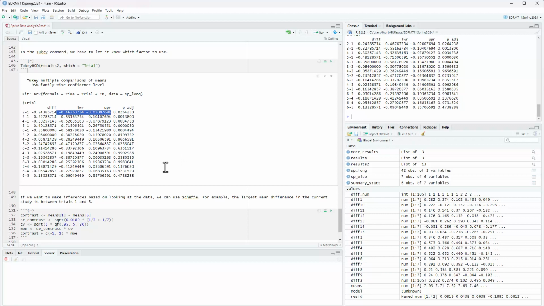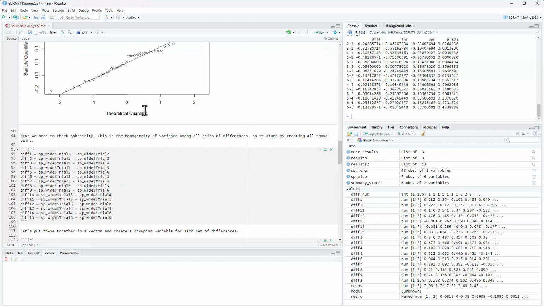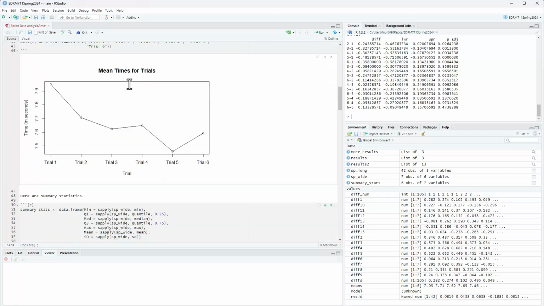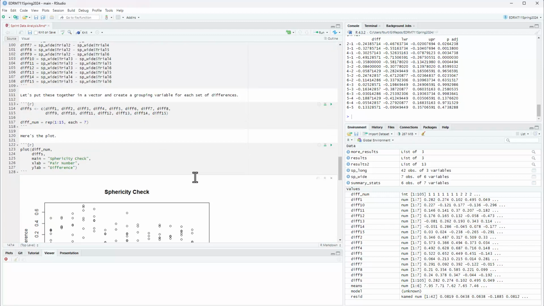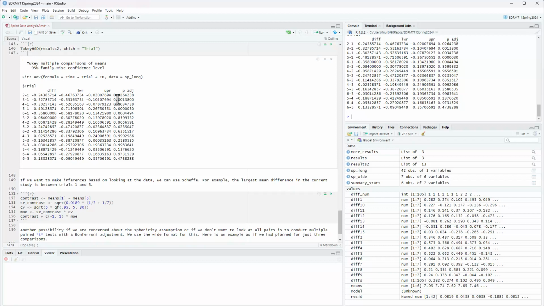Well, you might say that's not so wide, except remember what we're dealing with in terms of our differences way back here. We're talking about only about a half of a second between the longest time and the shortest time. So that actually is a fairly wide interval, but nonetheless, there they are.